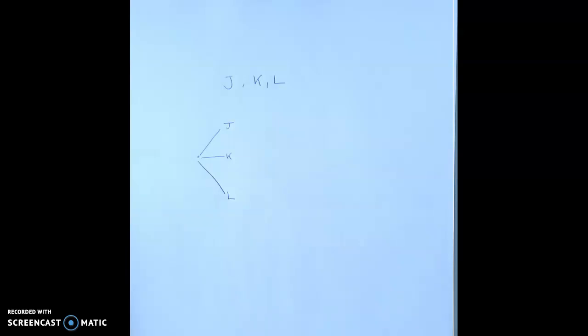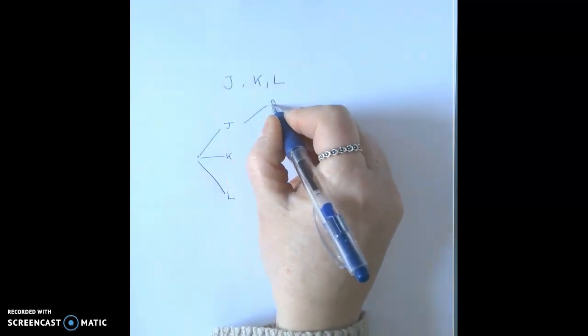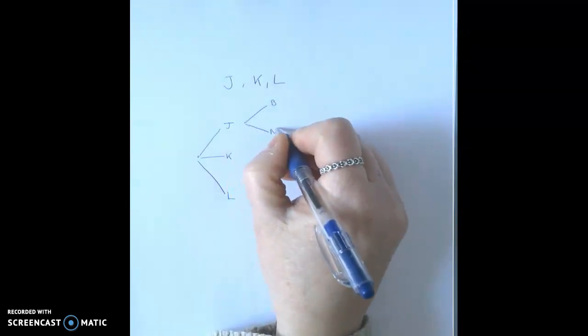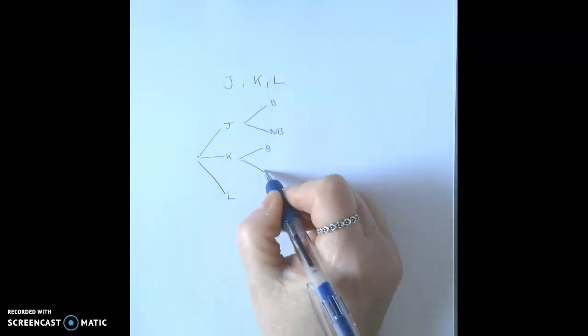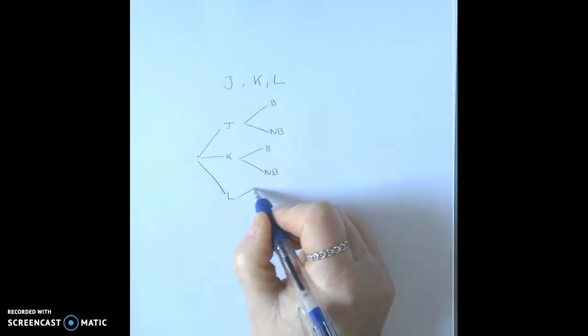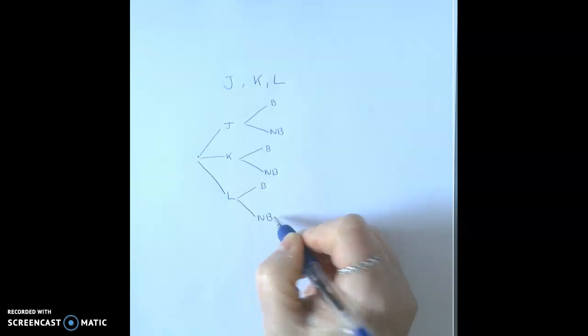And we know these machines make biscuits, but they do break them as well. And so the second branches are going to be whether the biscuit is broken or not broken. So broken, not broken, broken, not broken, broken, and not broken.